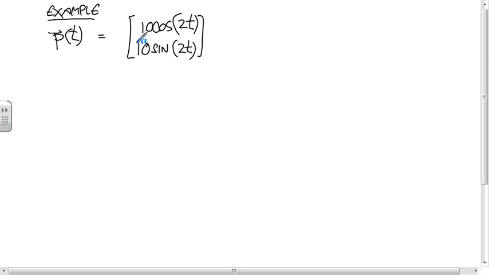This is circular motion in 2D, and we want to know what's our angular velocity.